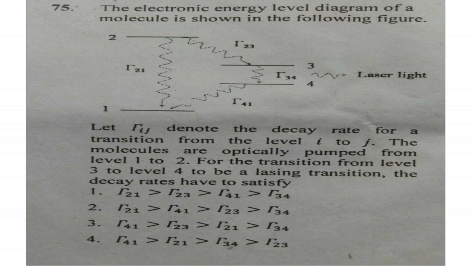Now in the figure you can see that level 3 is the metastable state. So that means the transition rate for this state will be very small. And after laser action, level 4 decays very fast. So that means the decay rate for level 4 to 1 is very fast. So according to this information, option 3 will be the right answer.